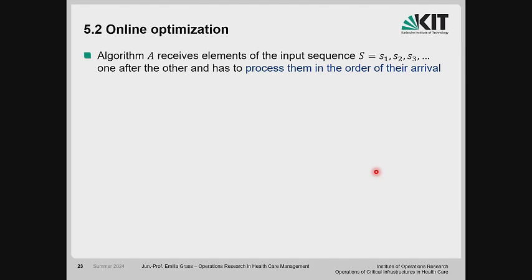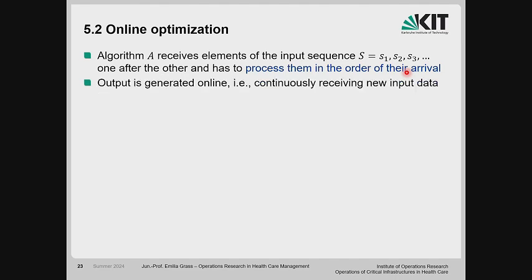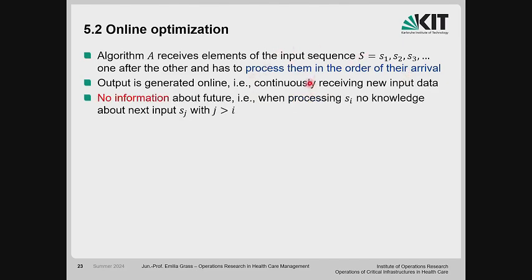And then we come to the online optimization. That means we don't know the future, and the emergencies are coming in, so we process the requests in order of their arrival. We don't know the future, and the output is generated online. So we generate the output continuously as soon as we receive input data.